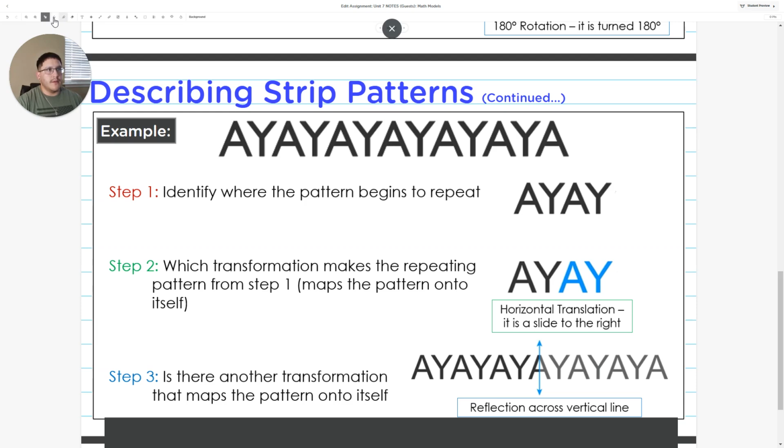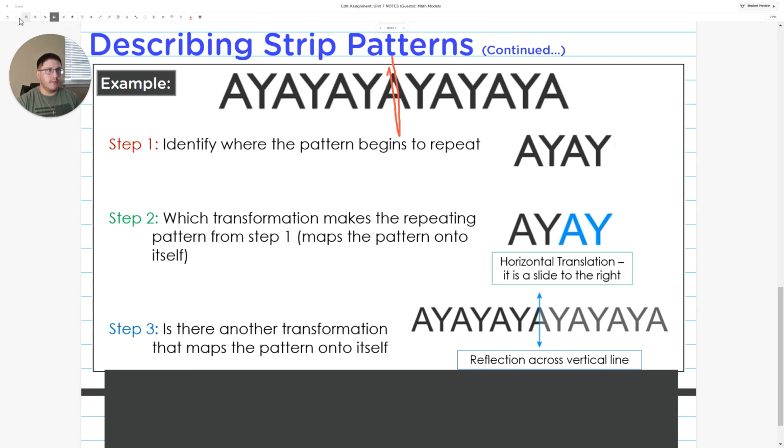So, for example, I can take this A, bring it down the middle, and then this left side will flip over to create this right side. And then I could do it again at any other point. The A, I can draw a line down the middle, create the pattern again, and again, and again, and again.